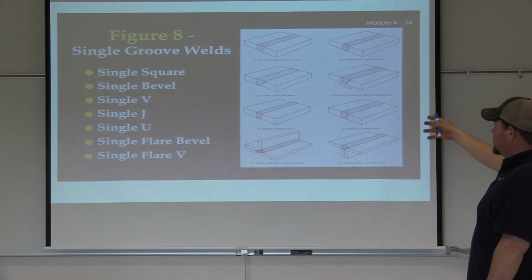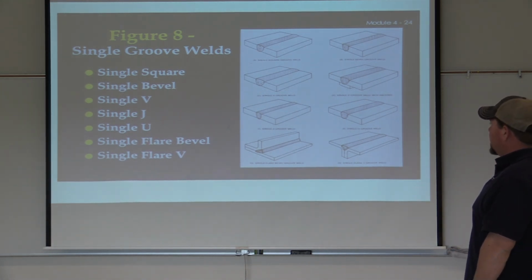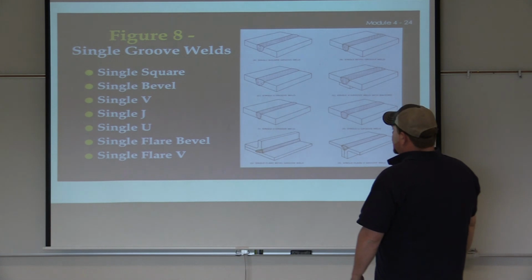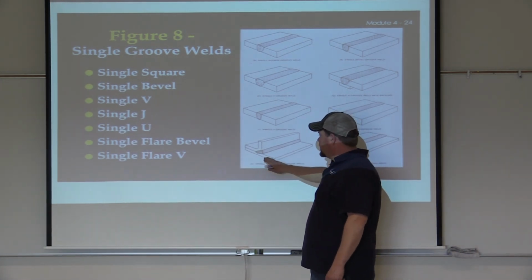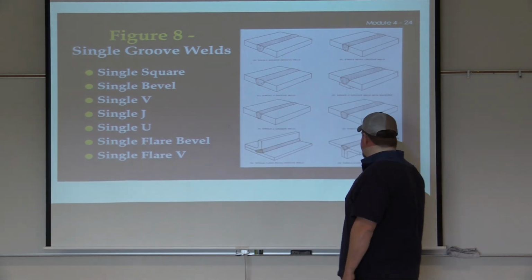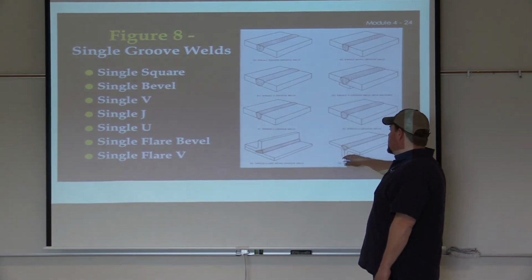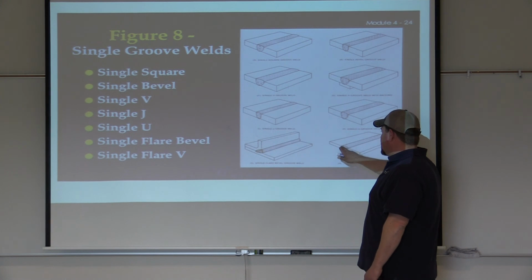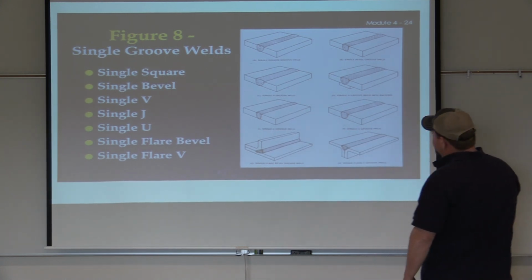Naturally, square, single bevel, I'm not gonna beat these to death. You can look through them. You can see what's a J, what's a U, what's a flare bevel, so forth. This right down here is where we get into a flare bevel. So this one's straight, this one's flared. It's got a bevel section in here. This is a flared V, naturally. Two pieces going together.